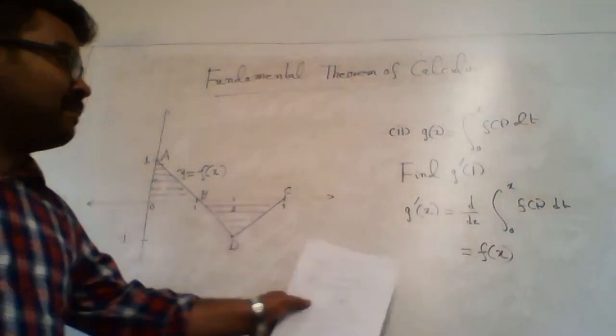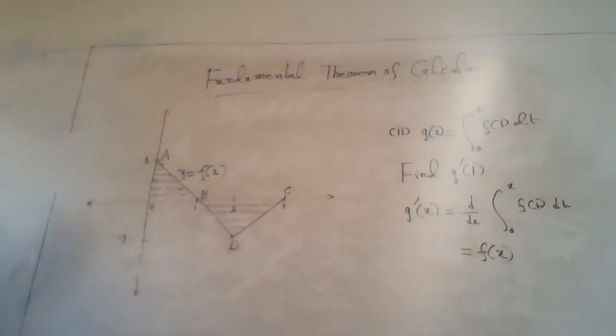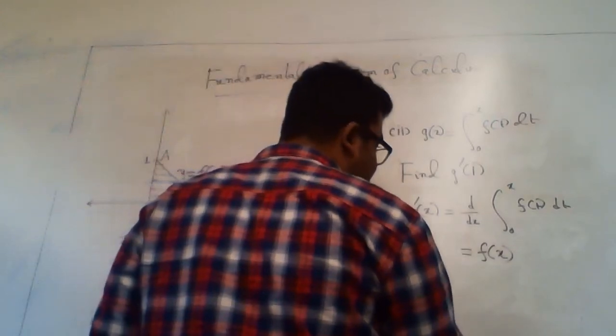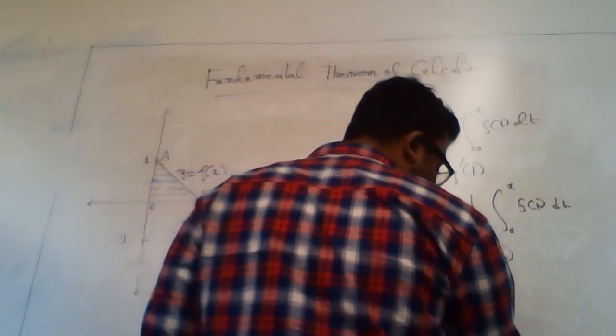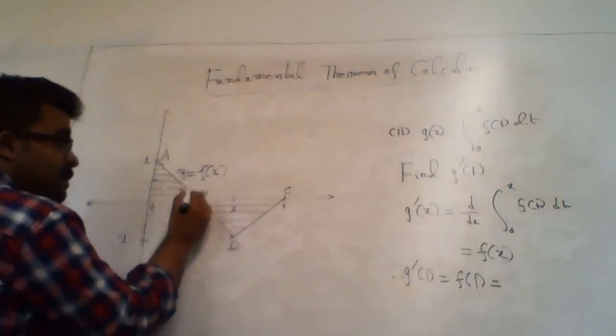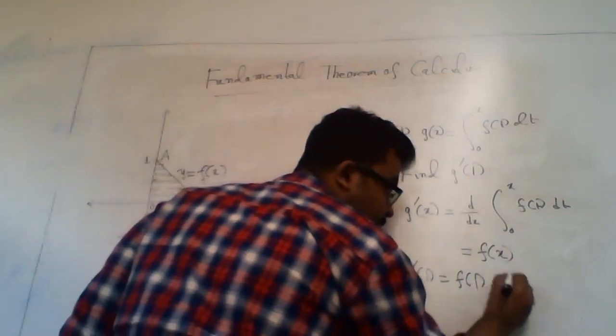So g prime x is f(x). Therefore g prime 1 will be f of 1. Now what is f of 1 from the graph? This is my function, f of 1 is 0. This is 1, so it will be 0.